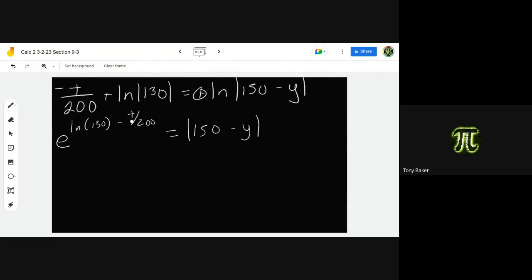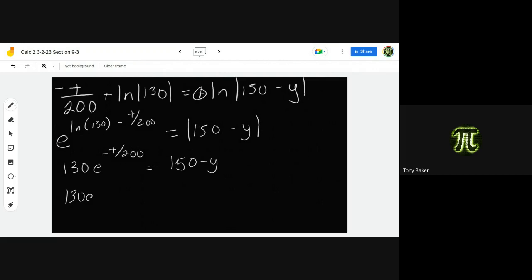Remember, I can split this up. So e to the ln of 130 is 130, and then I have e to the negative T over 200 equals 150 minus y. Since we're talking about time and everything else, it's only going to be positive. My y can never be negative; we're not going to have negative salt. So I don't have to worry about the absolute value signs.